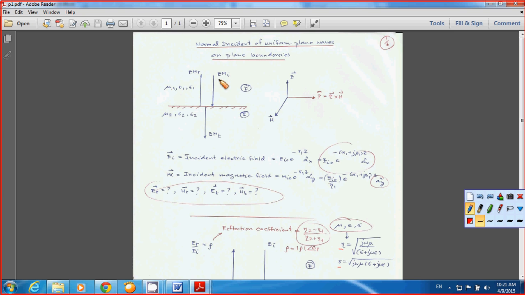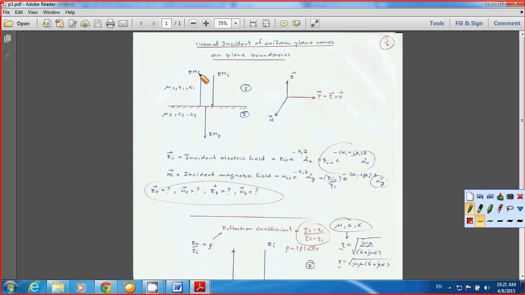What we're going to do is write equations for the electric fields and equations for the magnetic fields. And from the picture here, I have our incident electromagnetic wave coming from medium number 1 and going through medium number 2, and reflected back.